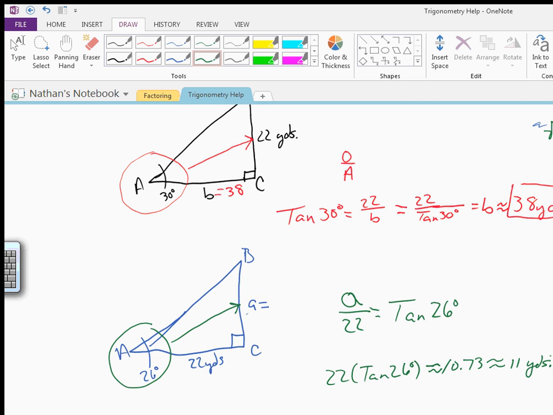Now, it also says, what is the measure of angle B? Well, what is this angle? We're given two angles. We have the right angle and the 26, so we know that 90 degrees plus 26 degrees plus some unknown degrees is going to equal 180 degrees. So 90 plus 26 is 116 degrees plus x equals 180 degrees.